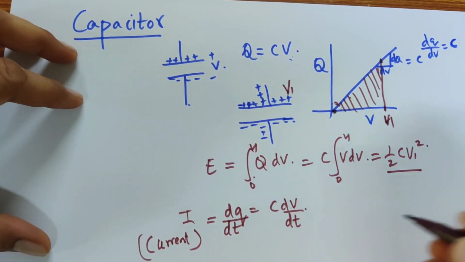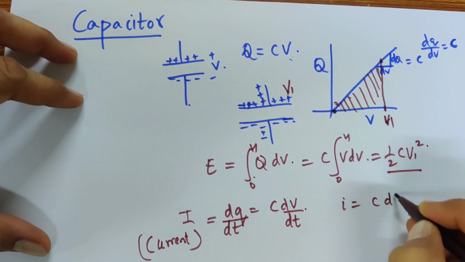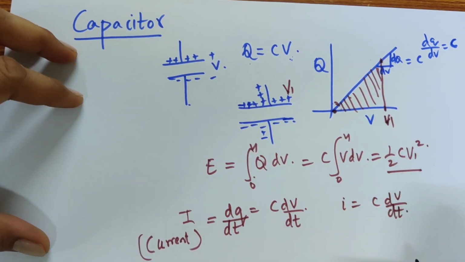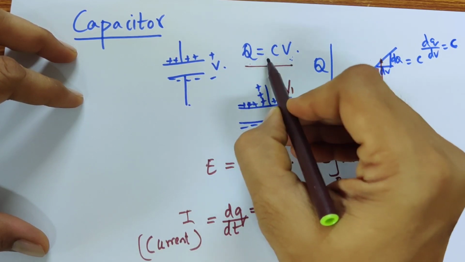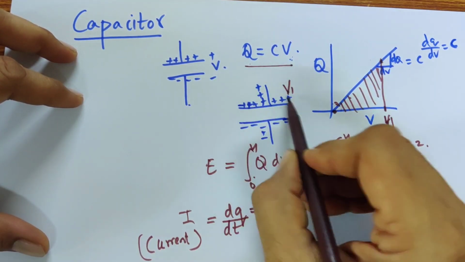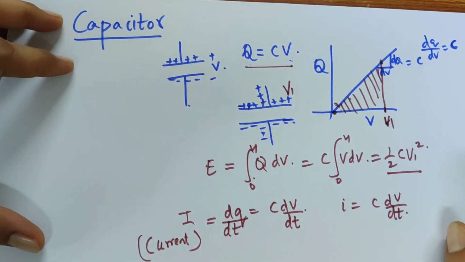So this is the equation most people know, I equals C dV by dt. It comes from this fundamental idea that the charge is proportional to the voltage. The more charge I am putting, the higher the voltage of a capacitor is.